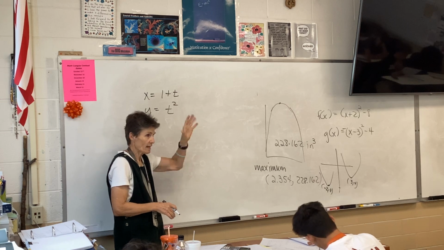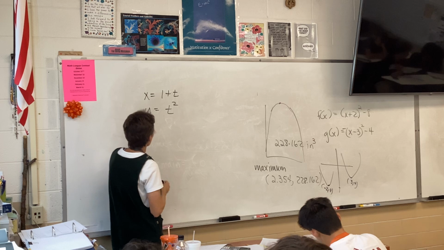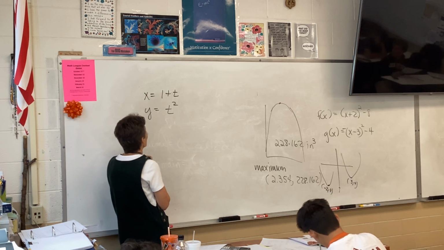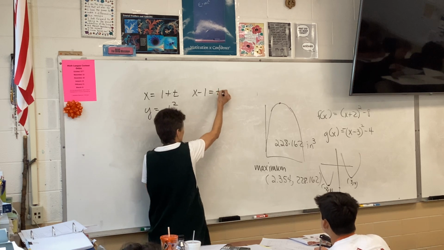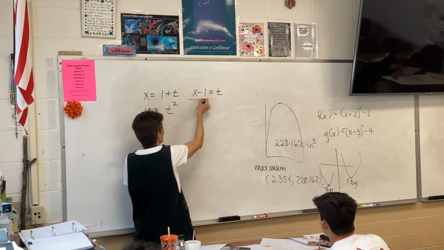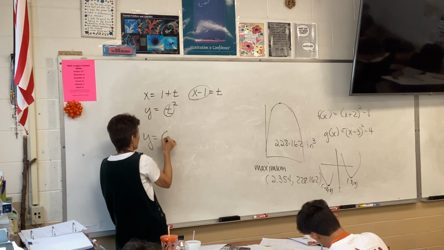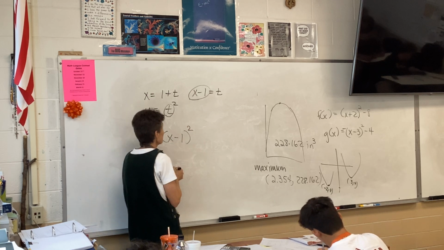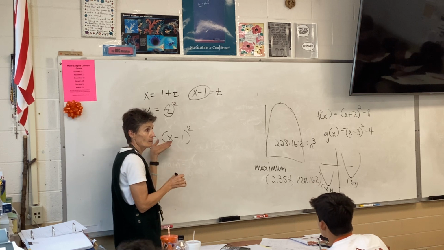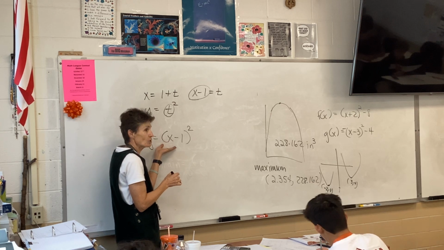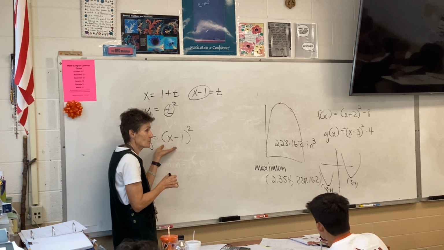I only want X's and Y's. So how could I get rid of the T? I could say x minus 1 equals T, and then this could be plugged in here. So y equals (x minus 1) squared. Is that an equation in just x and y? Yeah, that's it. That's your answer.